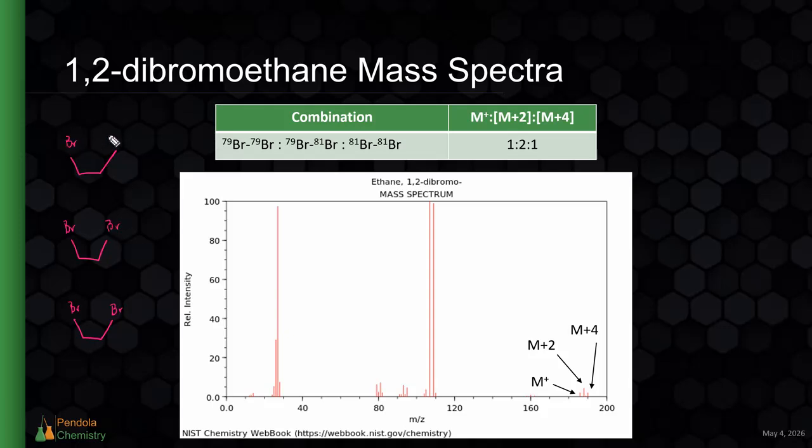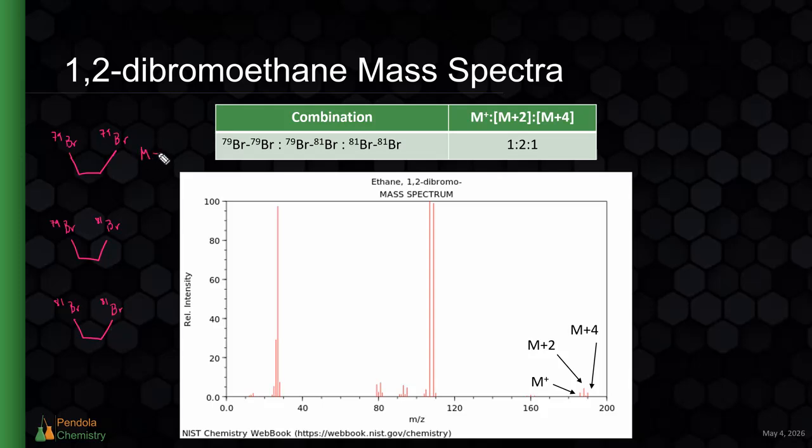We're going to have three options as far as the isotopes here. We have the 1,2-dibromoethane where both of the bromines are 79. Then one where one bromine is bromine 79 and the other is bromine 81. And then the last one, where both bromines are bromine 81.